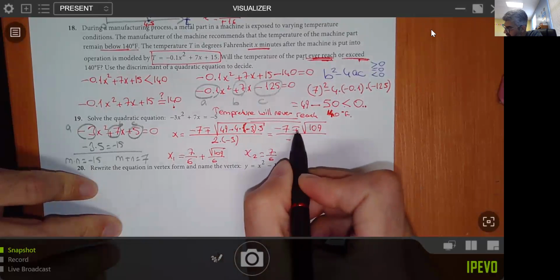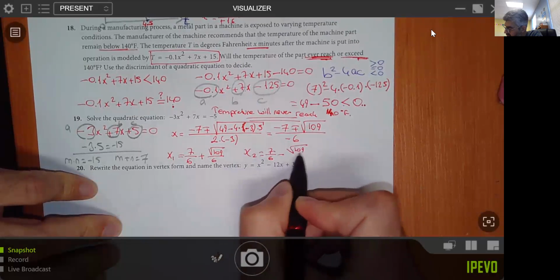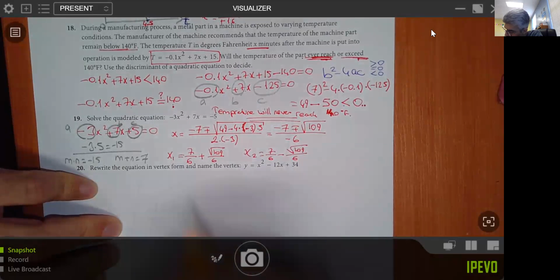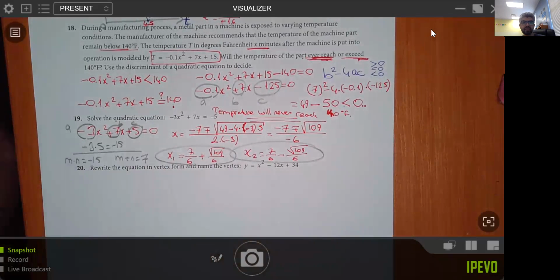Now plus over minus, that is minus root 109 over 6. We have two solutions here. Clear? Any question? Cool.